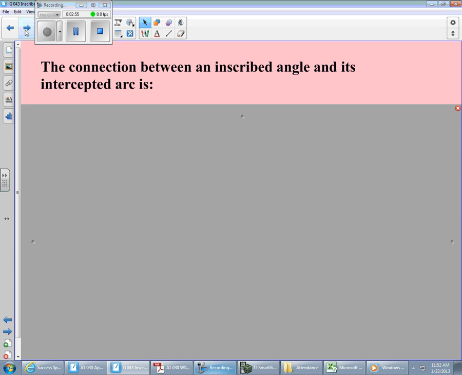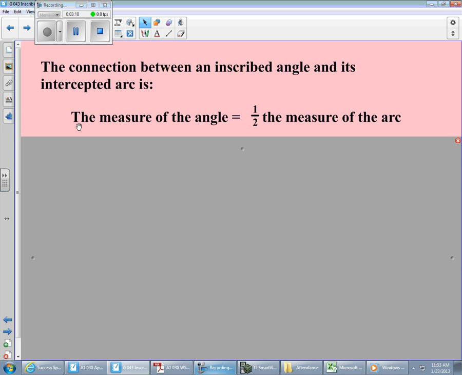Now, just like yesterday, there is a connection between what an inscribed angle is doing and what its intercepted arc is doing. This one requires a little bit more thought, but it's actually not that bad, and it's kind of common sense. The measure of the inscribed angle is going to equal half the measure of the intercepted arc.